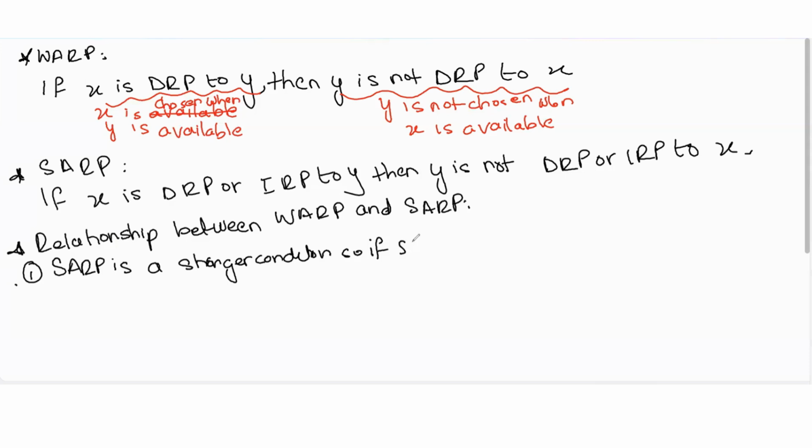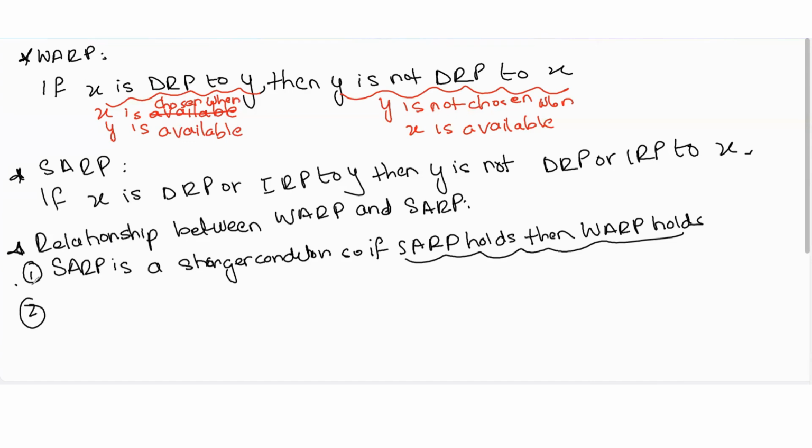If SARP holds, then WARP holds. This is important. If SARP holds, then if X is directly revealed preferred to Y, it cannot be the case that Y is directly revealed preferred to X, and this is exactly what WARP says. So once you find out that SARP holds, you don't need to check whether WARP holds or not.